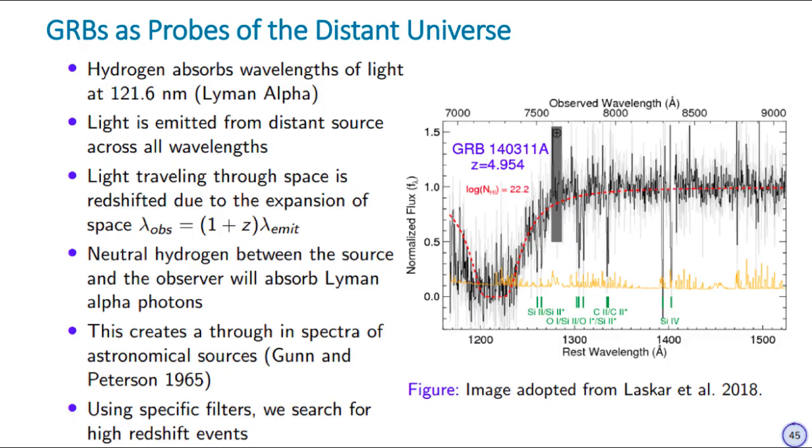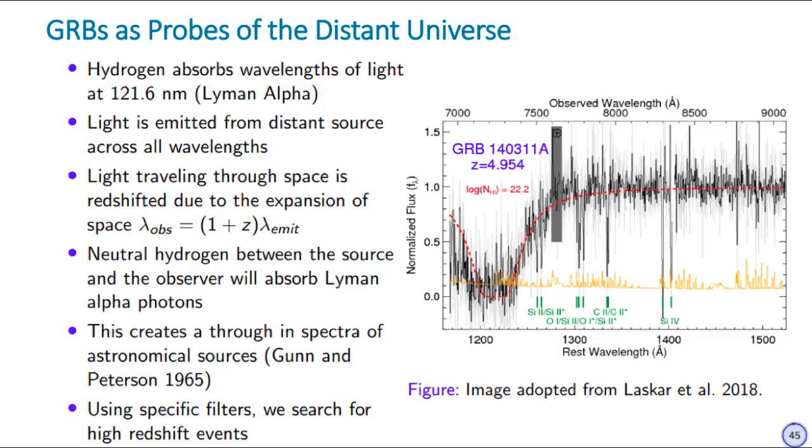As light, and then for a gamma ray burst, the initial gamma ray is the high energy emission, but after that there's the afterglow that emits light at all wavelength ranges. Then as that light travels through space, because space is expanding, as a photon travels through an expanding space, it becomes redshifted.